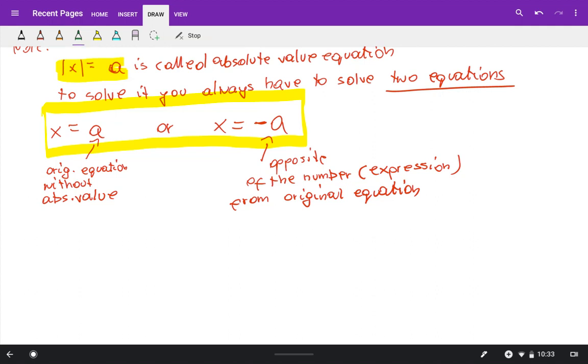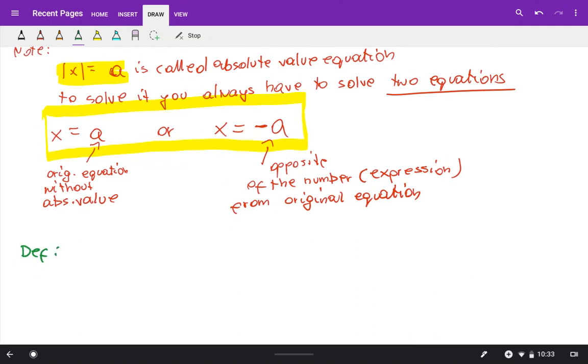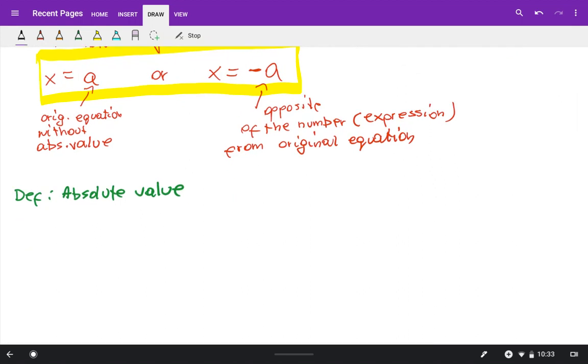So let me give you the better definition, because this is just how to solve the equation. Let me just give you the definition of absolute value. So absolute value of a number is the distance from 0 to the number, from the 0 on a number line.